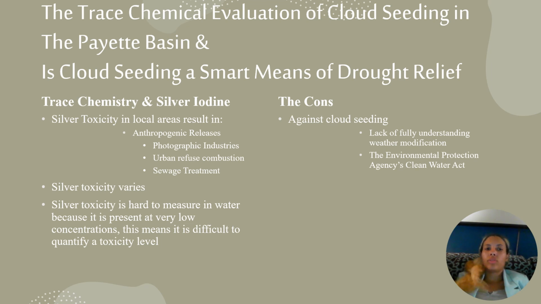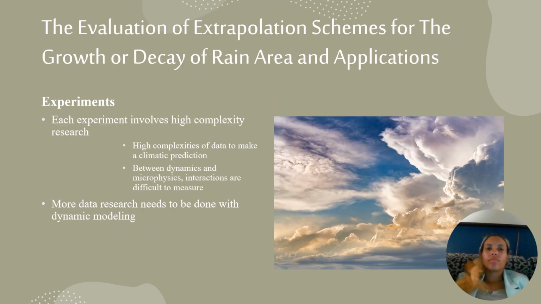Cons in respect to the second source, for the people who are against cloud seeding, there's a lack of fully understanding weather modification, which is true, and the Environmental Protection Agency's Clean Water Act.